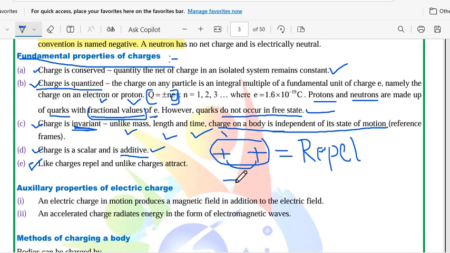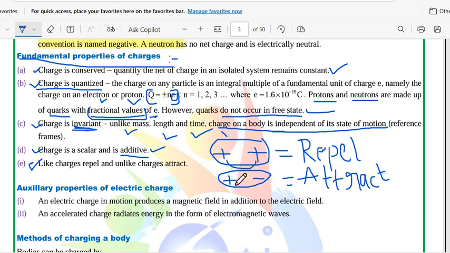Suppose you take opposite charges like plus and minus, they are going to attract each other. Why are they going to attract each other? They are going to attract each other because those two charges are unlike charges. They are not similar. Have you seen this?